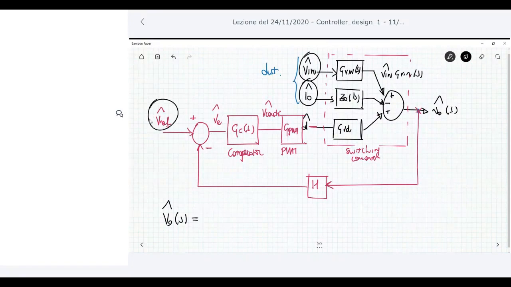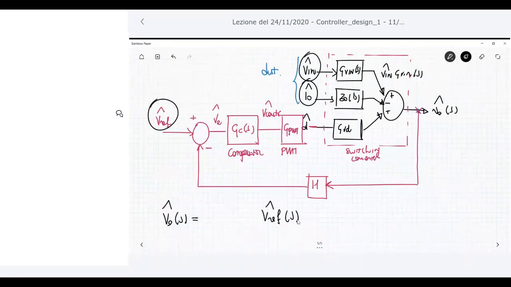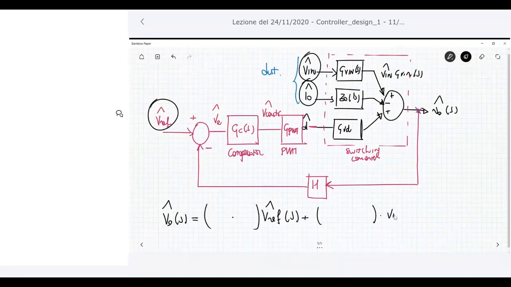So I can have the same description as before, in terms of superposition, so the summation of three different terms. The first one is Vref, then we have another term that is multiplied by Vin, and another one which is multiplied by Io.